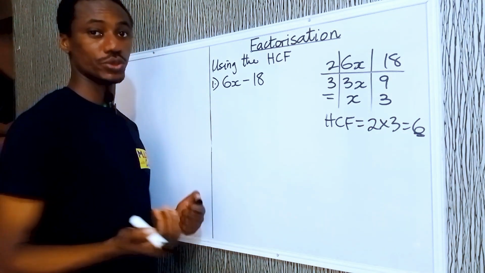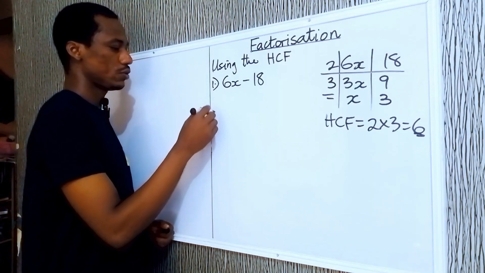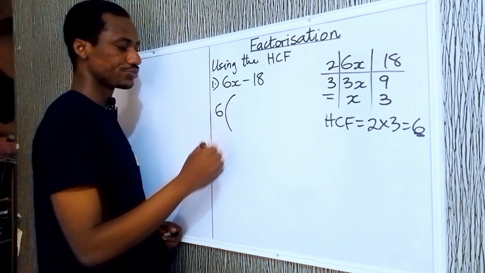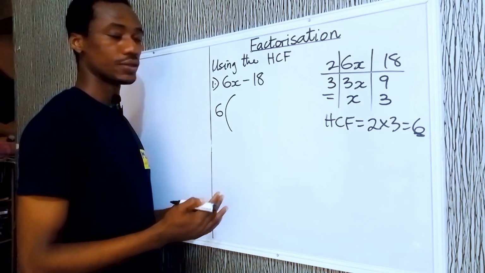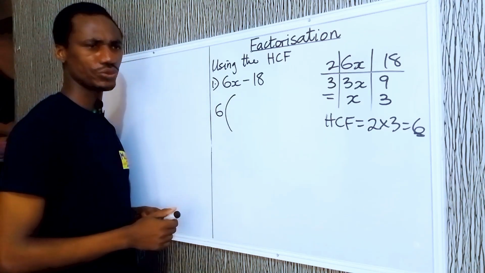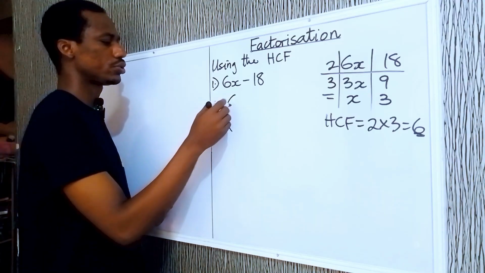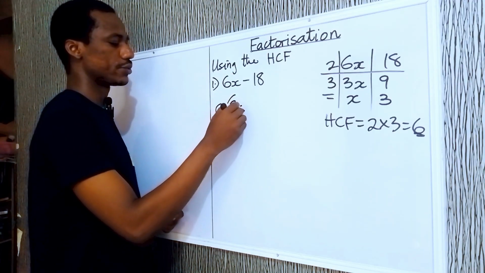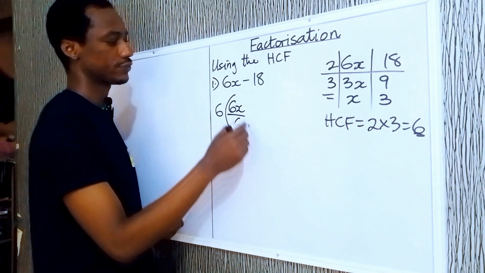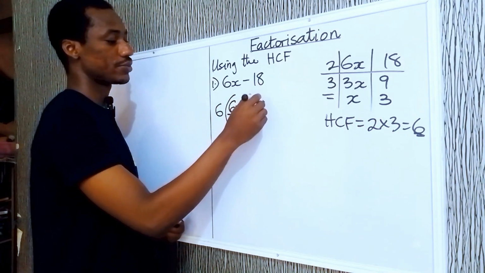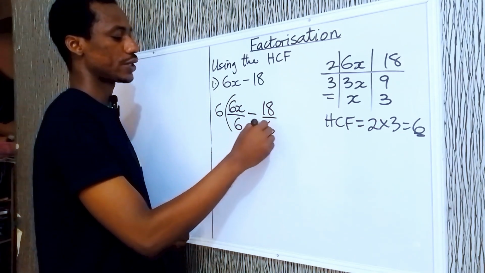So what are we going to do with the highest common factor? We factor it out of the equation, and we'll put the remaining pieces in brackets. And how do we do that? Your first term is 6x, you divide it by 6, the HCF. And then the second term is 18, you also divide it by 6.